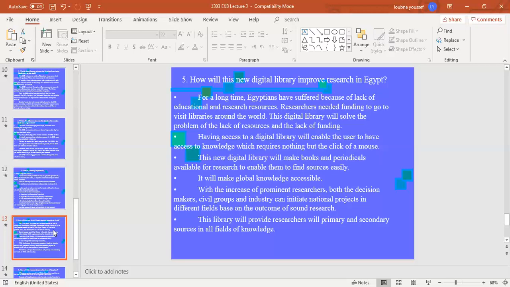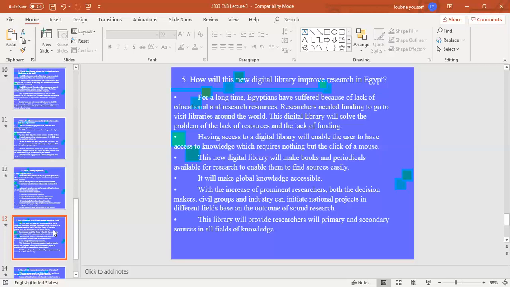Now, the digital library saves the person from going on such long journeys and paying a lot of money in order to conduct research. So in the past, researchers needed a lot of money to go to visit libraries around the world. This digital library will solve the problem of the lack of resources and the lack of funding.